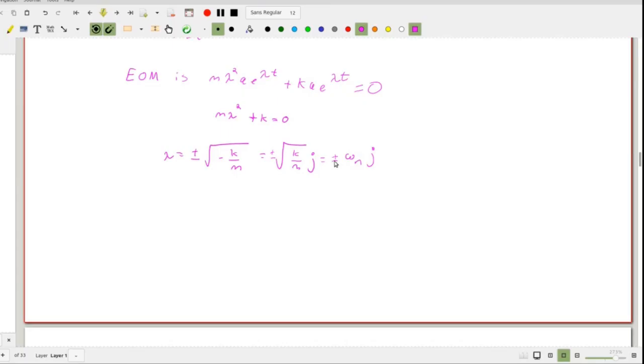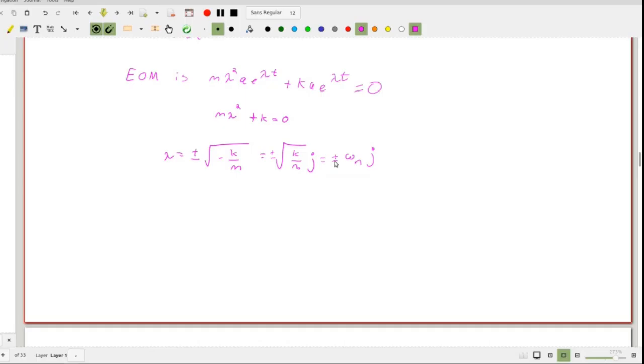So here, good question. Here it's not a negative frequency because we have our imaginary component. But what it does tell us is we have 2 solutions, right? Which is very helpful. One solution positive, one solution negative.